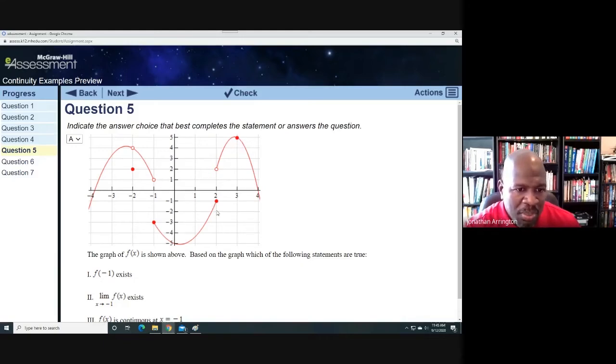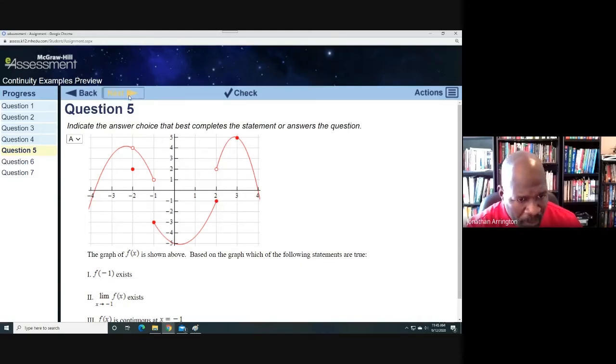If the left piece and the right piece equal different numbers, you're going to have a jump discontinuity on a piecewise function like that. So again, piecewise functions give us a lot of these jump discontinuities when one piece doesn't equal the other piece. So if I want it to be continuous, I kind of want these two to be equal. So it looks something like this.